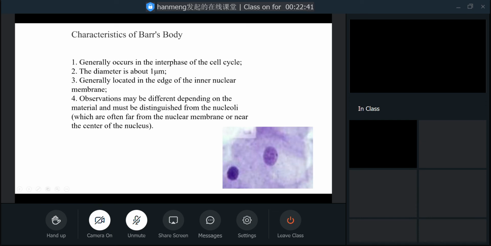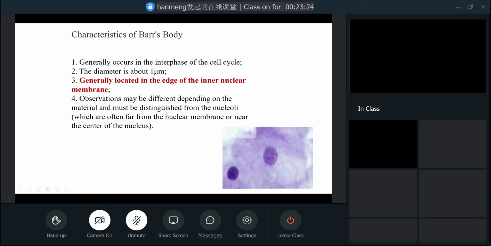The Barr body is generally located at the edge of the inner nuclear membrane. Here you should pay attention. The nuclear membrane has two layers, the outer membrane and the inner nuclear membrane, and the Barr body is located at the edge of the inner nuclear membrane.